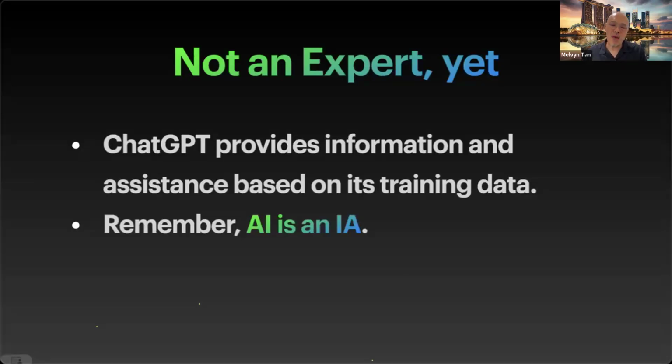So always remember that AI is an IA. And what is an IA? It's just an intelligent assistant, right? You are the human, you are the one who is going to dictate and guide AI the way that you want it to go. All right. So always remember that, because if you think, oh, I don't need to think anymore, I just let ChatGPT do all the thinking for me, then we are going to be in trouble.